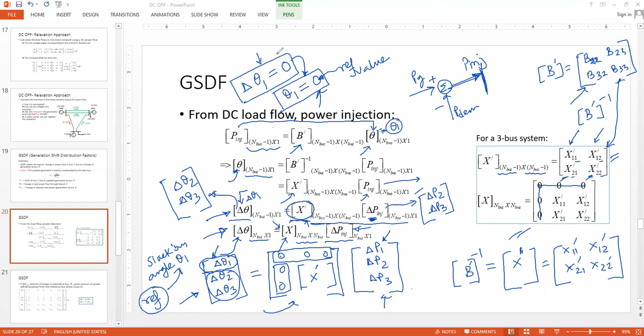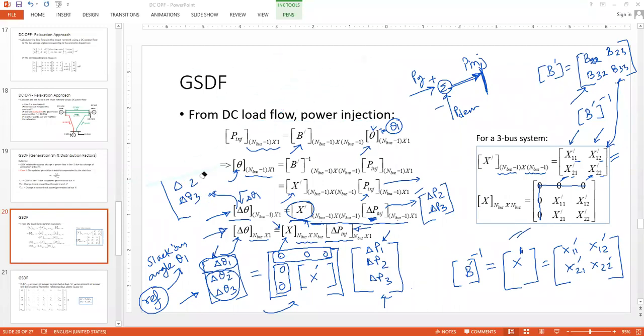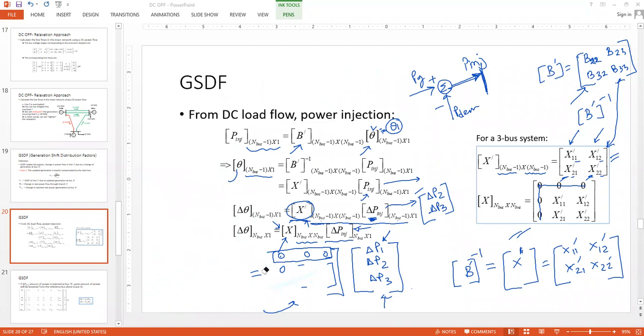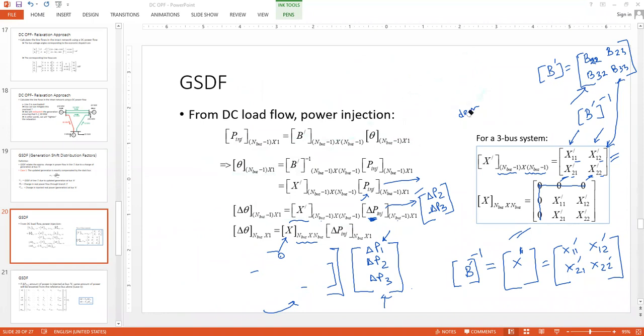So we are not allowing theta to deviate from its reference value simply by putting zeros in the first column and in the first row. Okay, so now that we have the del theta, which will give us the change in theta value, of course, that's good.